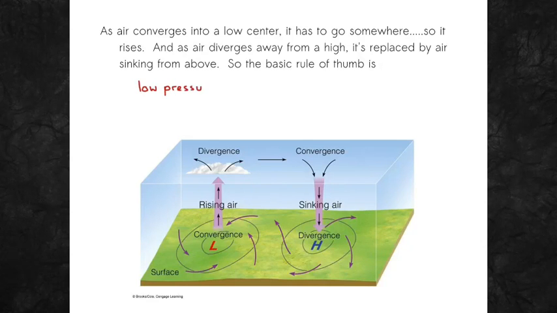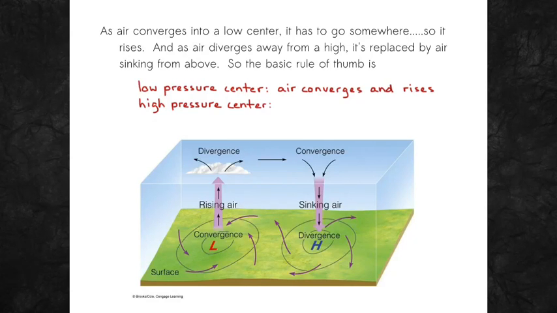So the rule of thumb is low pressure centers are going to feature converging air and then rising air. On the other hand, if you have a high pressure center, that's going to feature air that diverges, and above it, it's sinking.